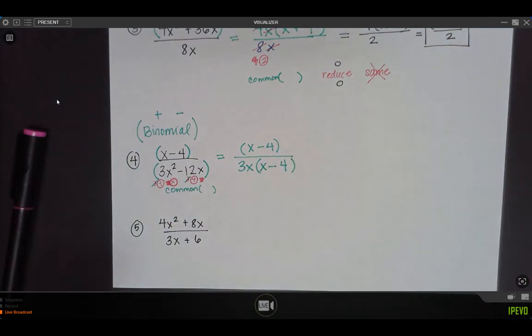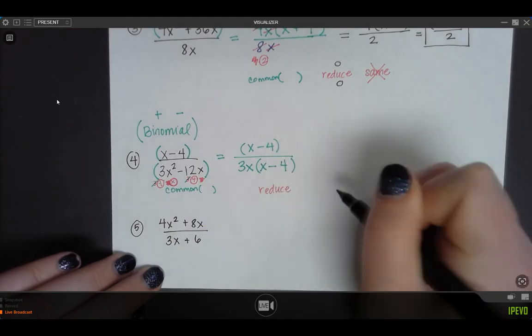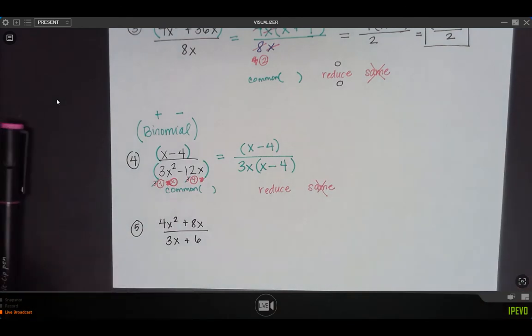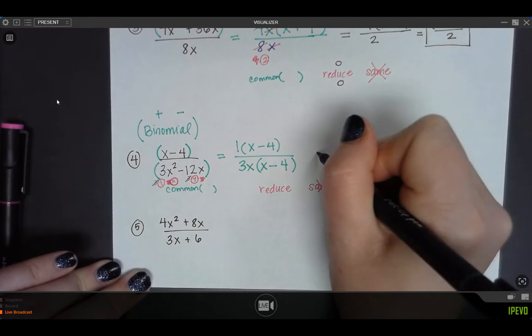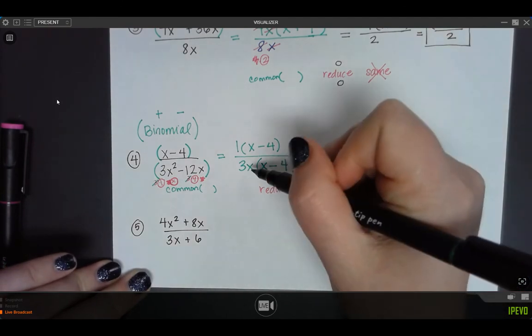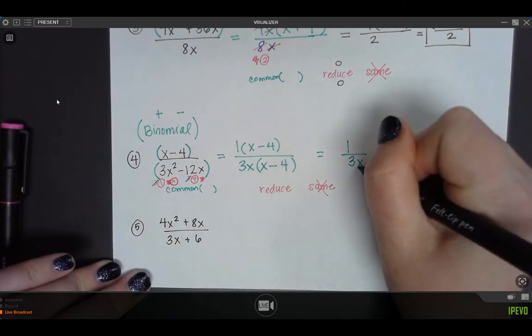Okay. Now our goal is to see, is there anything I can reduce, or is there anything exactly the same that I can get rid of? Well, if I look at my numbers, 1 over 3 is as small as I can get, so I'm going to leave this with 1 over 3. I see an x on bottom. I don't see any single x on top, so I'm going to leave the x alone.